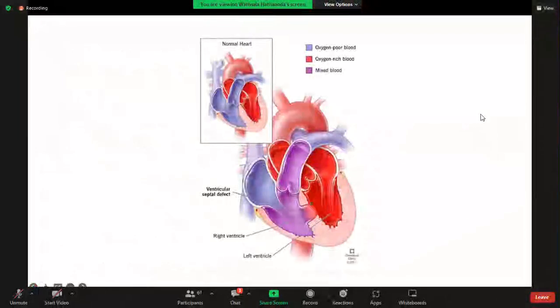So what happens if you give oxygen here? Suppose in adult medicine, if you suspect heart failure, what is the first thing you do reflexly? Just give high flow oxygen, isn't it? You just start oxygen. But what will happen if you give oxygen to a shunt lesion?